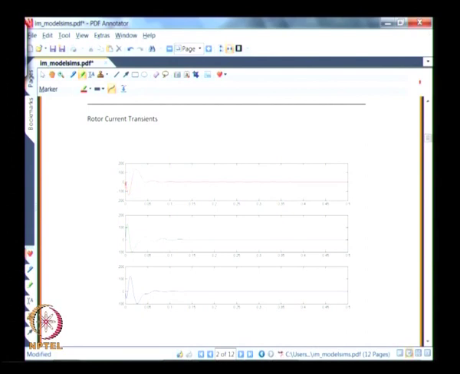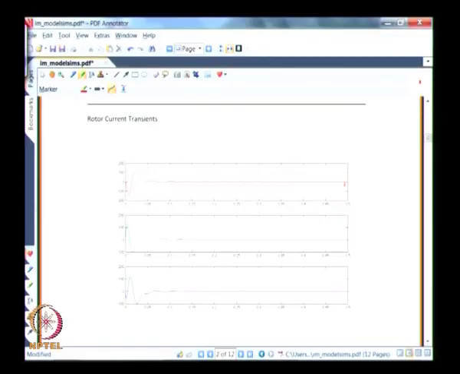How does the rotor current look like? Now, here you see that as far as the rotor is concerned, there is no load on the machine. If there is no load on the machine, the rotor rotates almost at synchronous speed, and almost at synchronous speed would mean that there is no induced EMF inside the machine, inside the rotor.